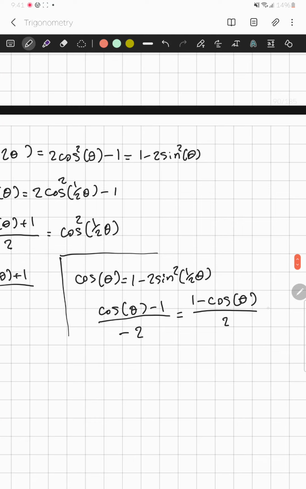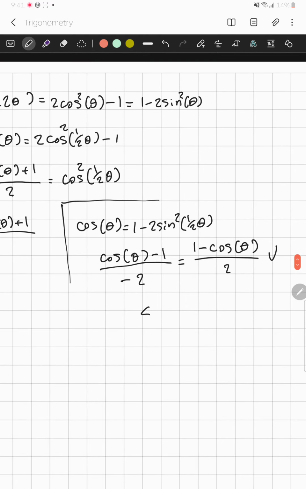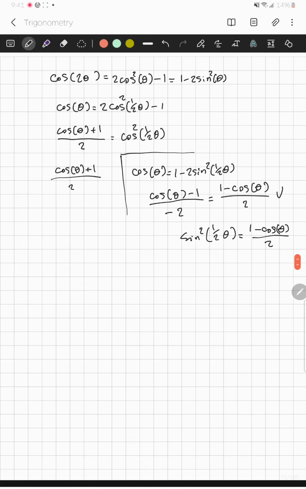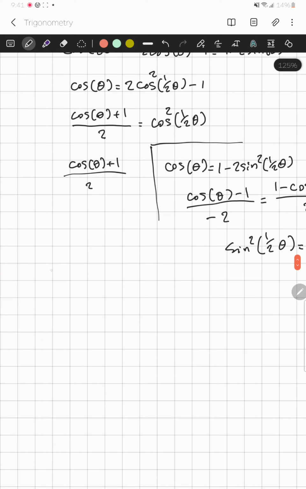That's right. So sine squared half theta equals 1 minus cosine theta over 2. So now I have to find tan squared half theta.